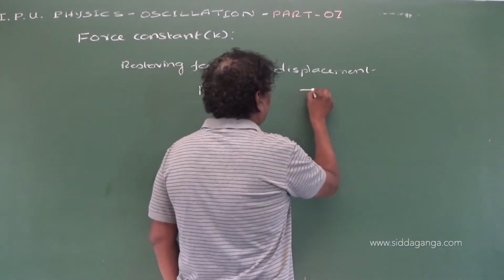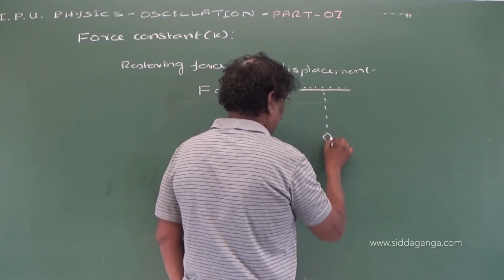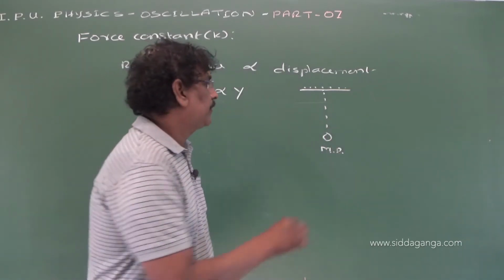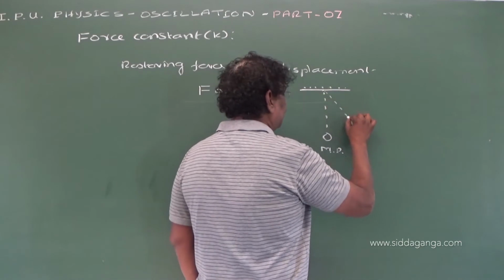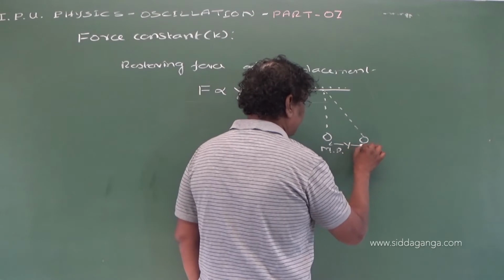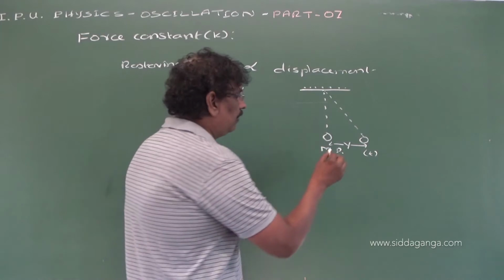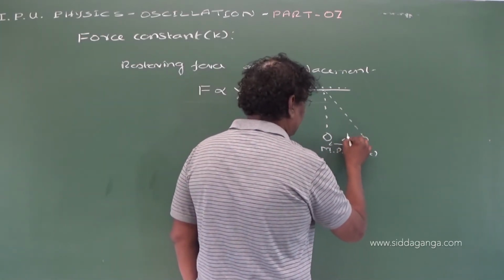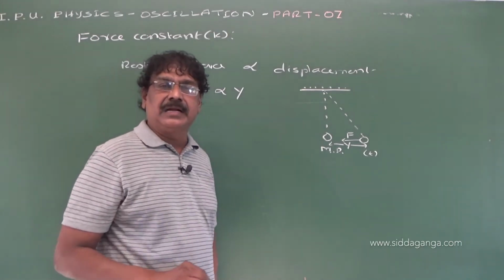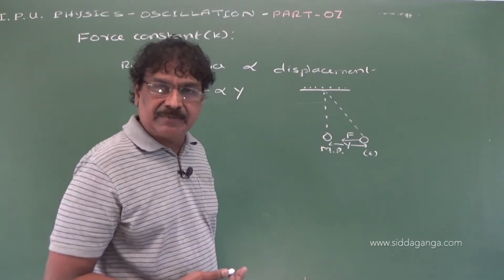Suppose we have a body, a simple pendulum, in its mean position. Suppose the body has a displacement Y at any instant of time t. Now the restoring force F acting on the body, in the absence of the external displacing force, is directly proportional to displacement.